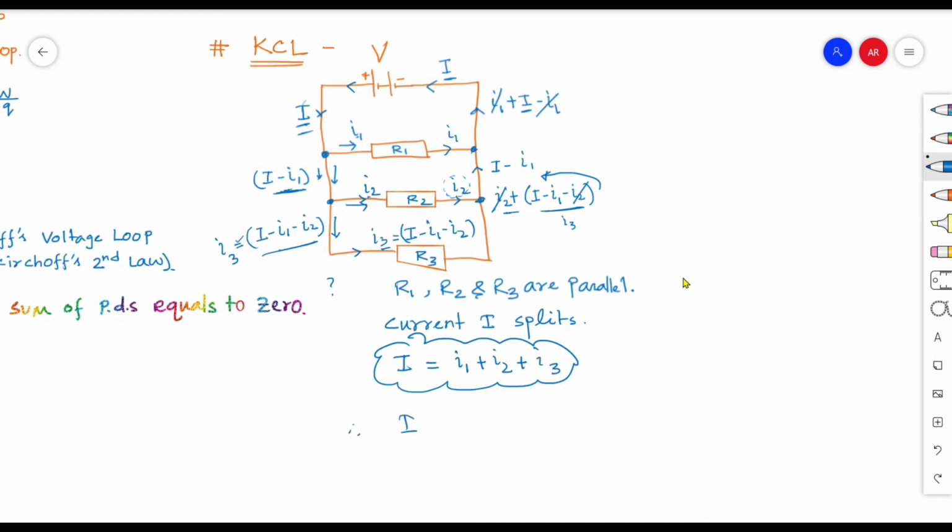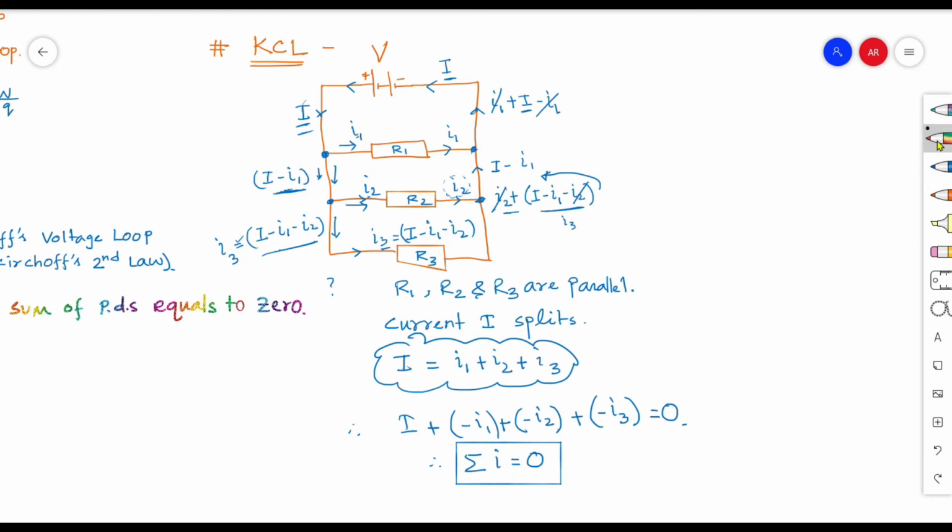So I minus I1, I2 and I3, which were on the right hand side, we brought them to the left hand side and we can say that the algebraic sum of currents is 0. When I take the total sum of the current in the circuit, it is going to be 0.